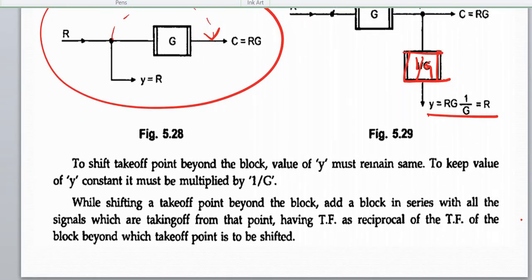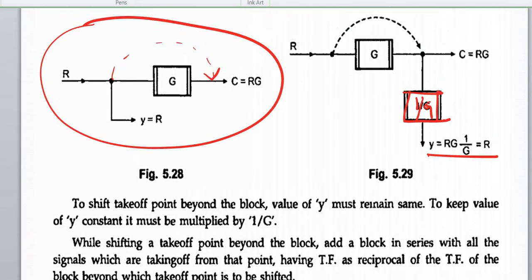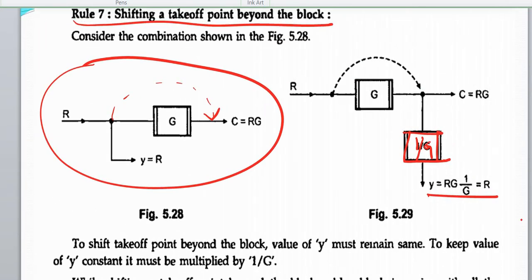Okay, so you have to remember these. Only thing you can remember is for summing point behind the block 1 by G, beyond the block G. Takeoff point behind the block G, beyond the block 1 by G. Okay, you will understand them very easily once you start solving the problem.